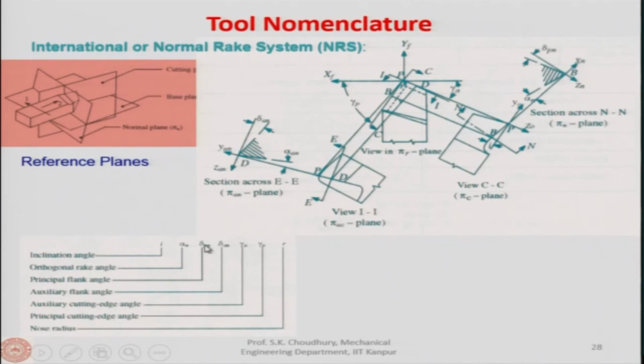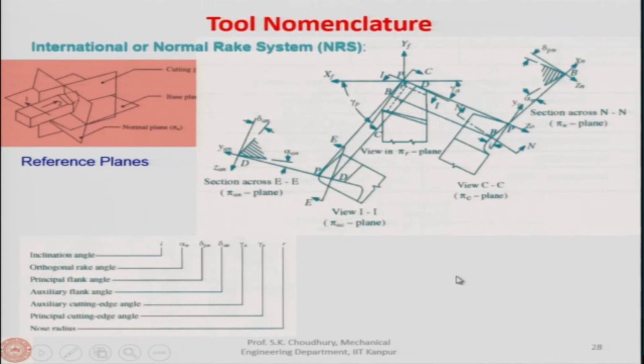This is the principal normal flank angle, this is the auxiliary normal flank angle, this is the auxiliary cutting edge angle, this is the principal cutting edge angle, and this is the nose radius, which is also given in millimeter because it is in the international system. So, exactly in this sequence the angles are defined. And you have to read according to this sequence. If the first angle is given as let us say 1 degree or 0 degree, you cannot say that this angle is anything else but the inclination angle, and you have to read it in this sequence.